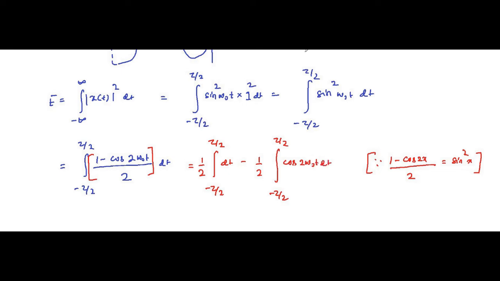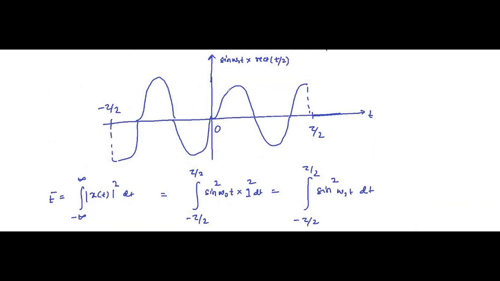I have highlighted in the previous questions also that when we integrate a sine or cosine function over one complete cycle, like 0 to tau or minus tau by 2 to tau by 2, the resultant value of the integration will be 0. Why? Because see here.